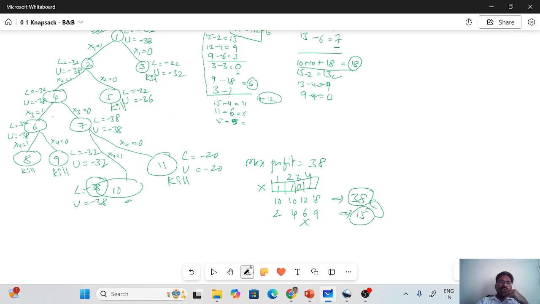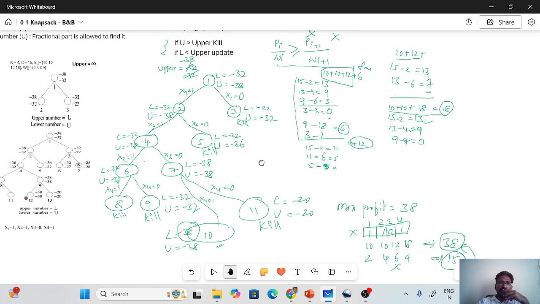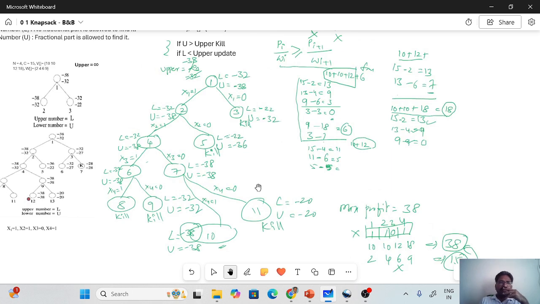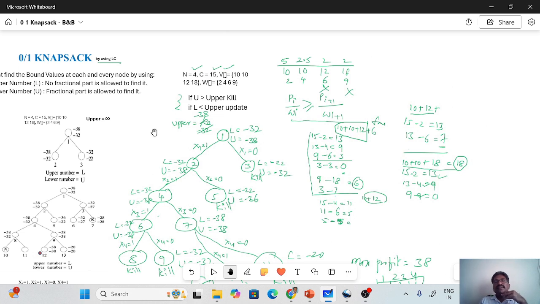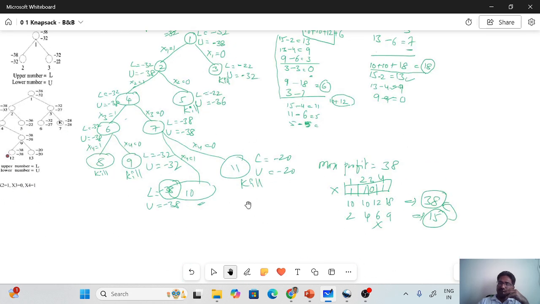So with the bounding function, we try to reduce the time. How do we set the bounding function? With the help of the LC approach, nothing but the least cost approach. Then what is the algorithm's time complexity? Observe the state space tree.